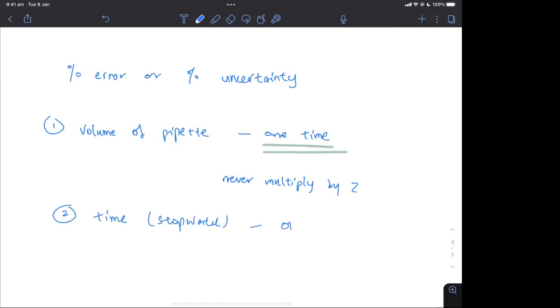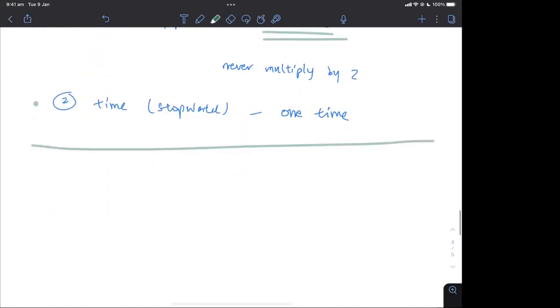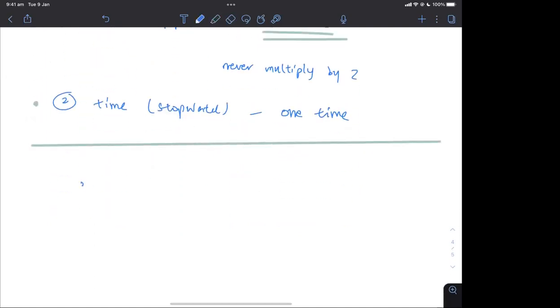Okay, so these are the 2 readings for which you do not multiply the uncertainty by 2, because you only need 1 reading. Every other reading, you need to multiply by 2. When you are dealing with masses, you use a mass balance. With a mass balance or electronic balance, you will have initial mass and final mass. Then people say, but I start from 0.00.